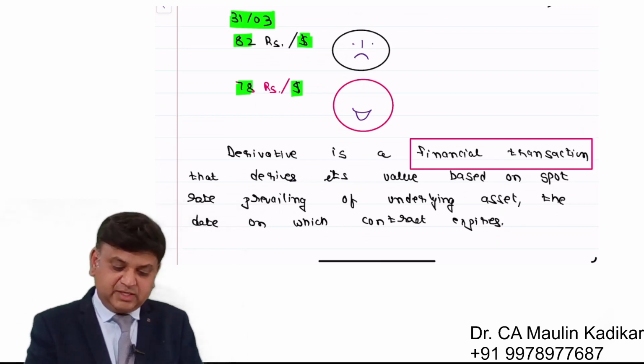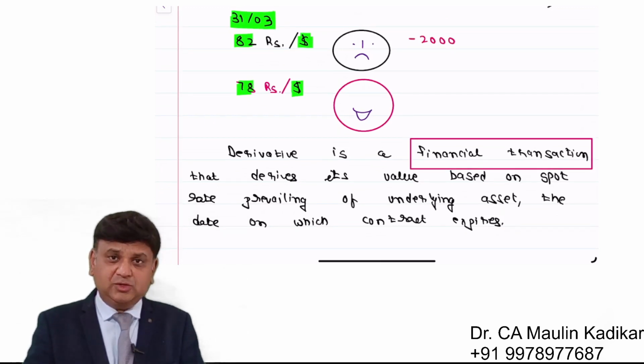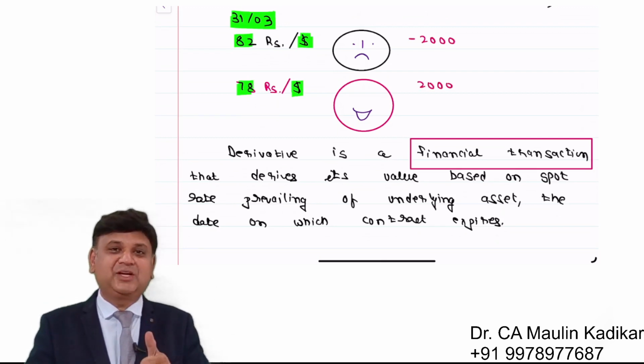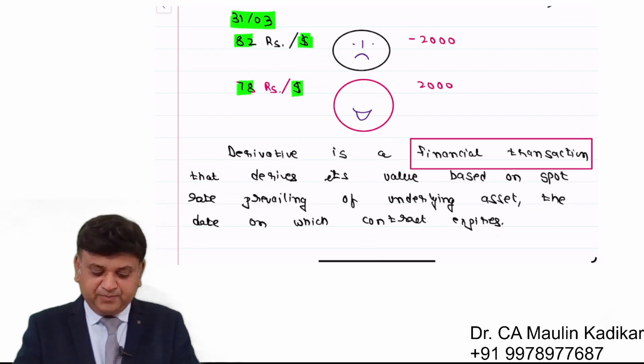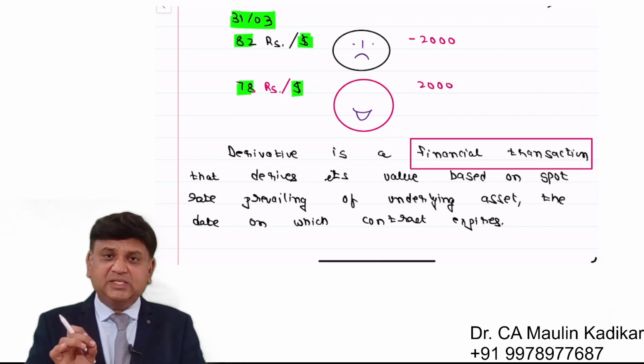This forward contract is having a loss of 2000 if the spot rate is 82 rupees per dollar, and this forward contract is beneficial for the company by rupees 2000 if the spot rate is 78 rupees per dollar. Means derivative is a financial transaction.